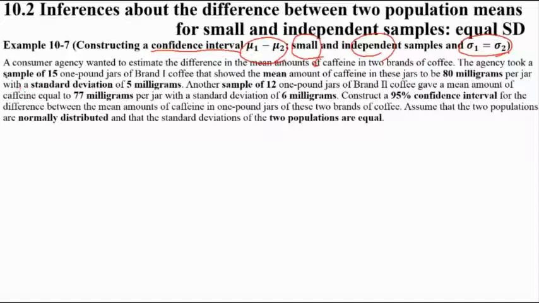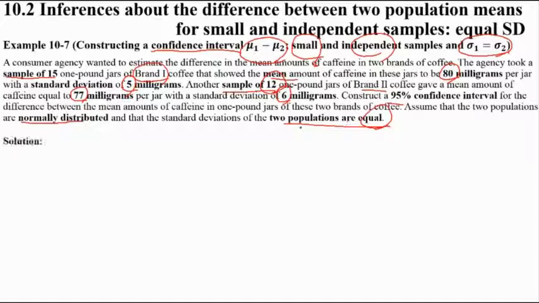The first sample has 15 jars, brand 1, with mean 80 milligrams, standard deviation 5. The second sample has 12 jars, brand 2, with mean 77, standard deviation 6. The confidence level is 95%, assuming a normal distribution and equal, unknown standard deviations.